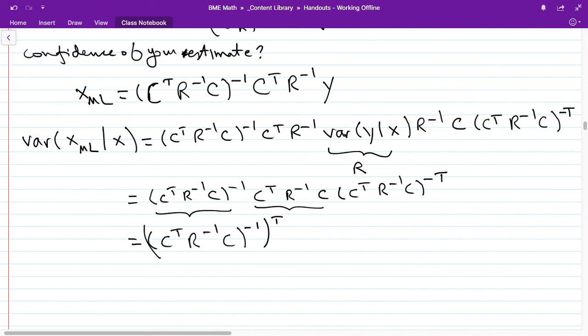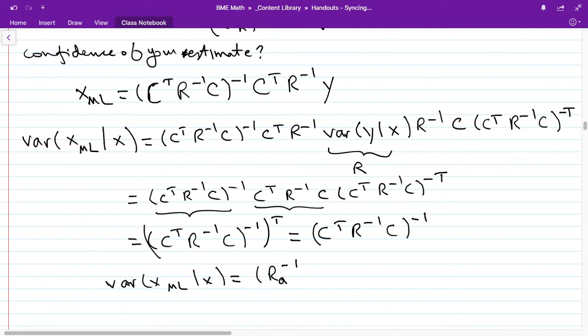But variance is symmetric, which means that this is equal to C transpose R minus 1 C inverted. So what is this quantity? Well, the variance of the maximum likelihood given X, we computed C transpose R minus 1 C, and that was equal to the noise in my first sensor plus the noise in the second sensor, the whole quantity inverted.